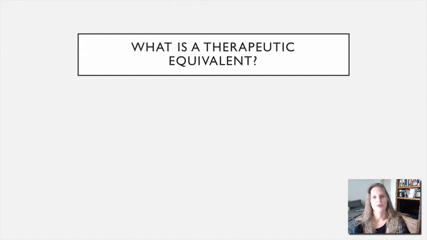Before I talk about brand name, I want to introduce this concept of a therapeutic equivalent. The therapeutic equivalent is not a generic, and the reason I'm putting it in here is because sometimes it gets confused as a generic. A therapeutic equivalent can be a completely different drug.